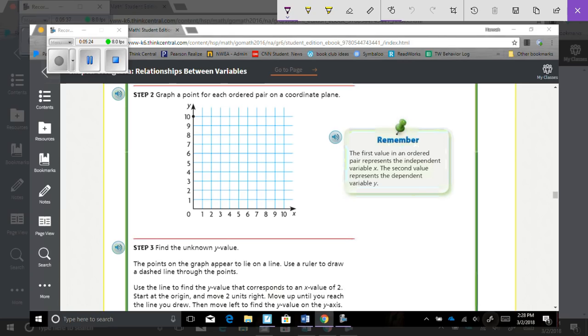They already have that for us. Then we go to 1, 8. And then 3, 4. And then 4, 2.